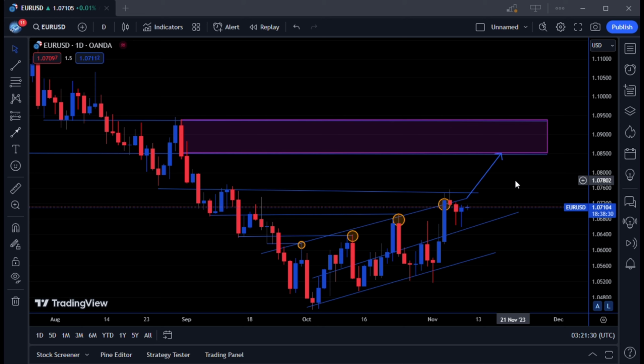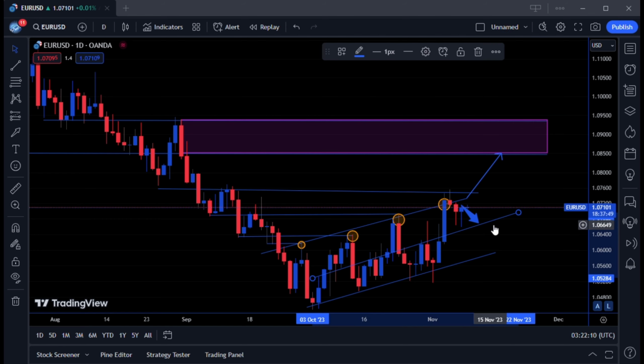Now, we have this. Within this channel, prices obey this trend line. Prices can either bounce off this level or break through. And if prices bounce off from here, it can either aim at the above trend line or highlighted area.